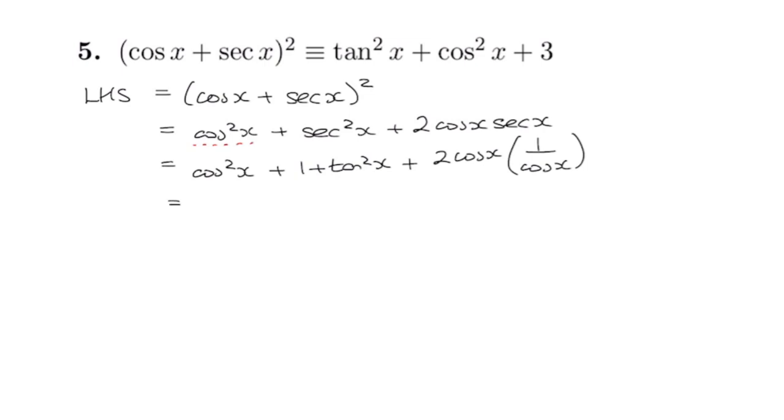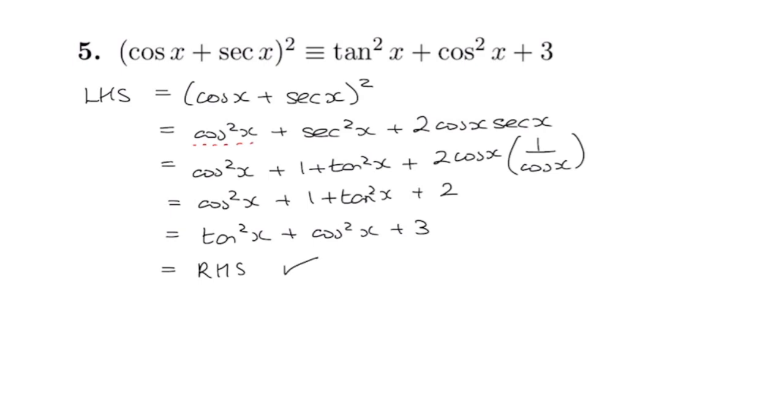So that gives you 2. So you've got cos squared x plus 1 plus tan squared x plus 2, which of course is tan squared x plus cos squared x plus 3, which equals the right hand side. So we've done our proof.